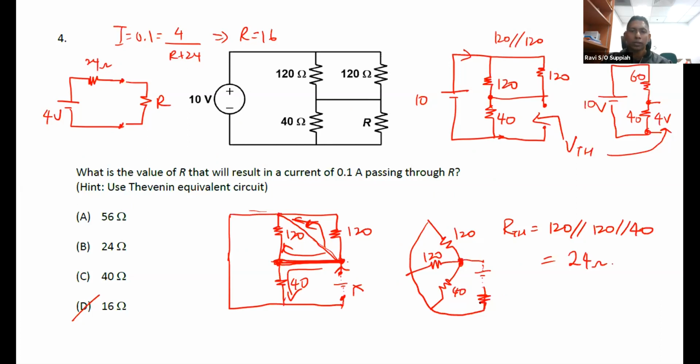Okay, so what you're saying is, if let's say the circuit here had another resistor over here, then I would have had a situation where the imaginary voltage source is here, and then I have 120 here, another 120 here, then another 40 here, and all three combine, then go into the new resistor R1 here, and then go back.